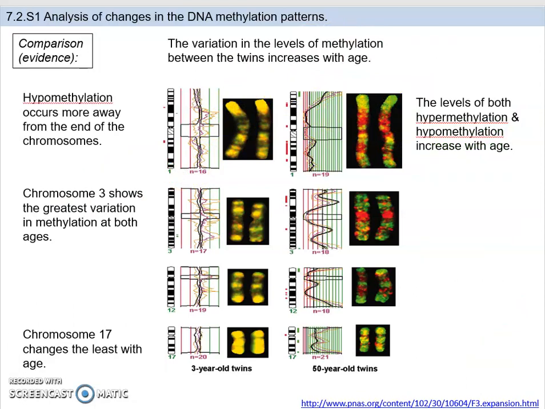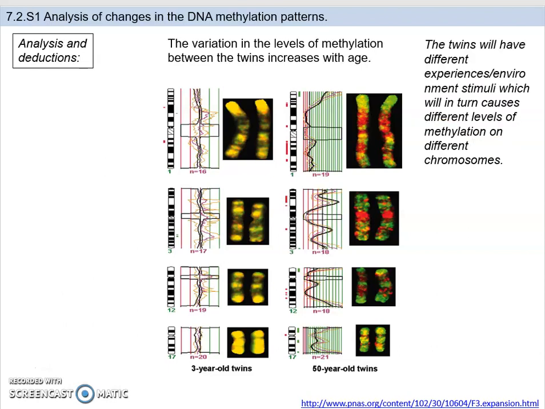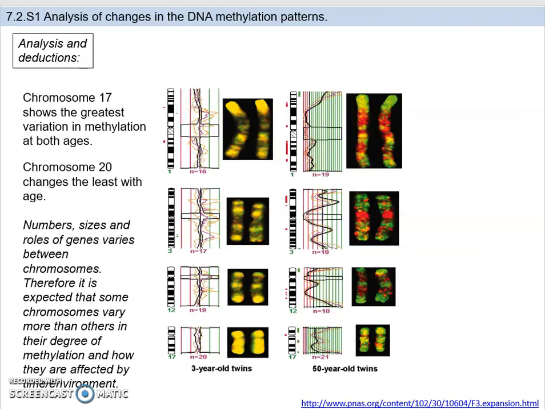From here, if you go through this at your leisure, the PowerPoint is posted in the Google Classroom as well. Okay, what you eventually end up with is a certain set of deductions. So we're looking at different chromosomes, comparing chromosome 17 and chromosome 20, and comparing differences in these methylation patterns of these two different chromosomes with identical twins. And this is the kind of thing that you can expect for your examination.